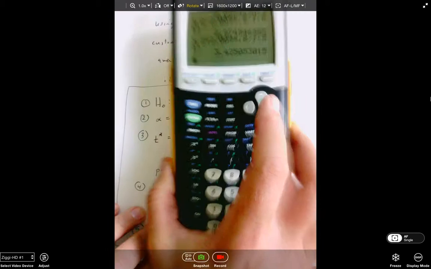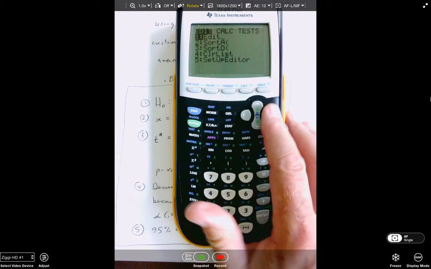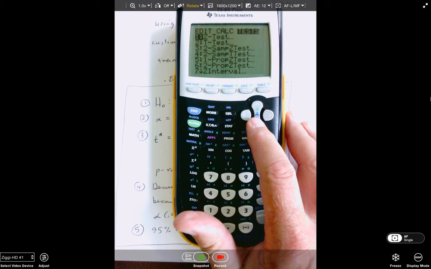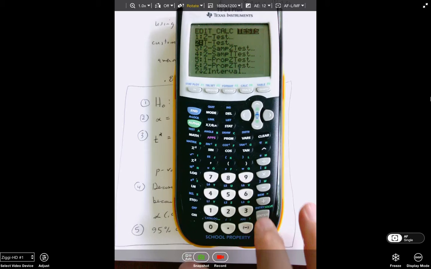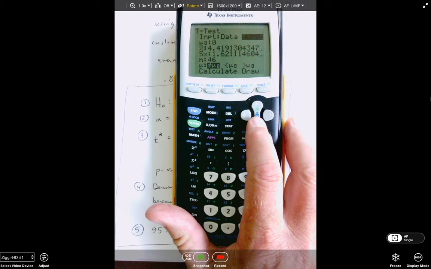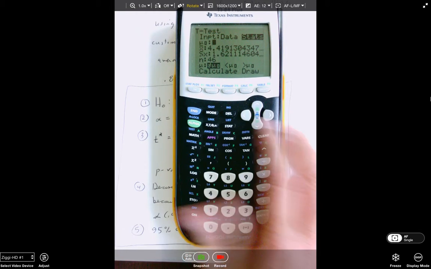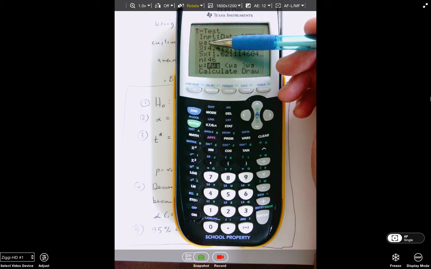Well, guys, your calculator does it for you. Lucky you. Okay? Let's go to stat. Let's go over to test. And because of the dynamics of our test, as I've described earlier in this video, we would conduct a t-test. I have statistical results, not my 51 measurements. So mu 0 is the value that goes in the null hypothesis.